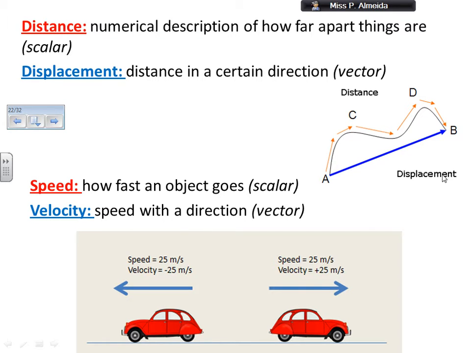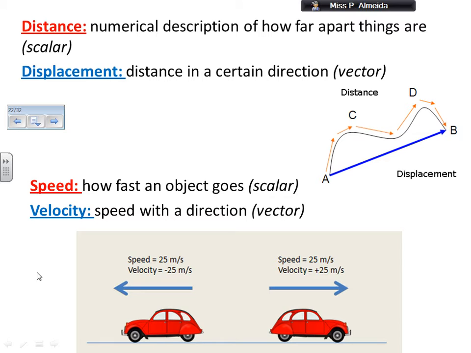I know you saw this slide already. I have A to B, the displacement is A to B, but my distance traveled could have been going from A to C, and then D, and then B, okay? In the same way, I have here two cars, both at the same speed, 25 meters per second, but they have different velocities. One is going in the opposite direction to the other, so one is going to have a positive velocity, the other a negative velocity.